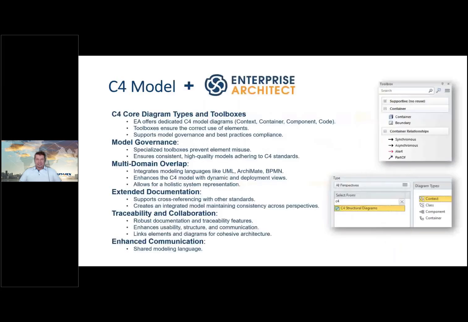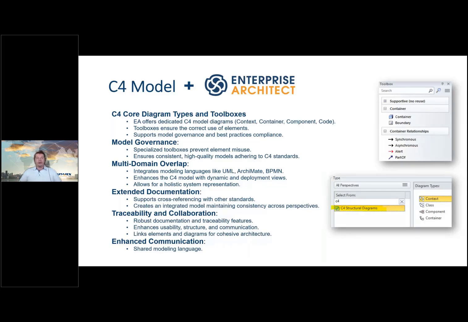How is the C4 model implemented in Enterprise Architect? EA makes it easy to use by offering custom diagram types for each C4 level. These diagram types focus on the structural diagrams, which are the core diagrams of a C4 model.